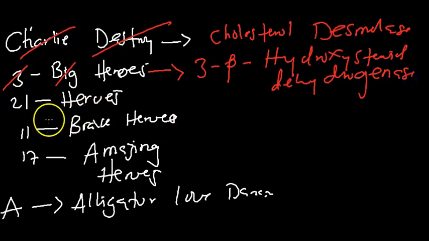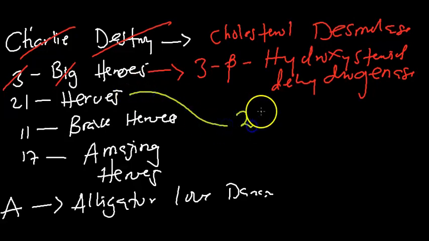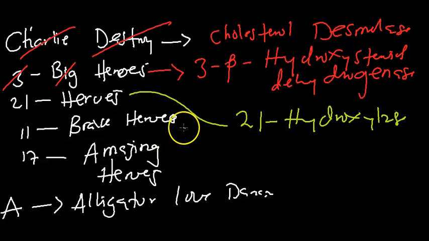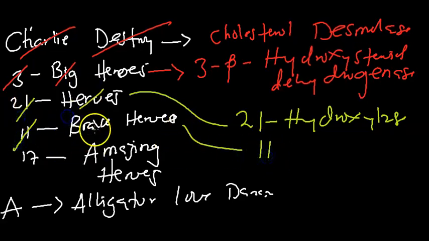So what about the remaining ones, which is hero? If you see any other hero, it's going to be hydroxylase. So this is going to be 21 hydroxylase, and this is going to be 11. This is out. Brave is going to be beta, right? Then here is going to be hydroxylase.